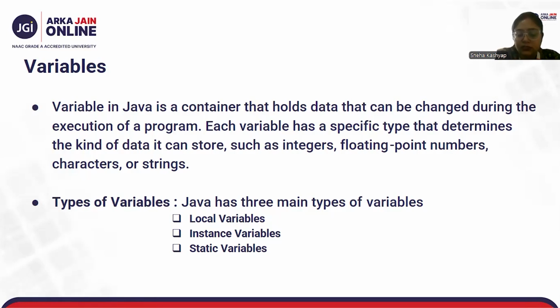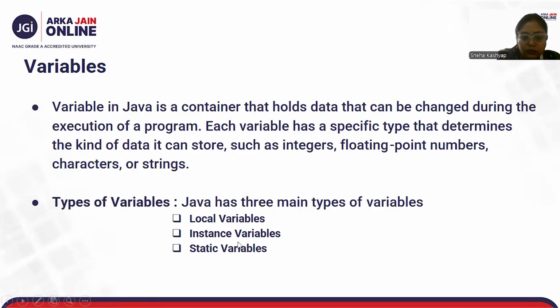It could be integer, double, floating point, string or character. Variables play an essential role in storing data and in naming and assigning values to it. There are three possible types by which a variable can be defined.